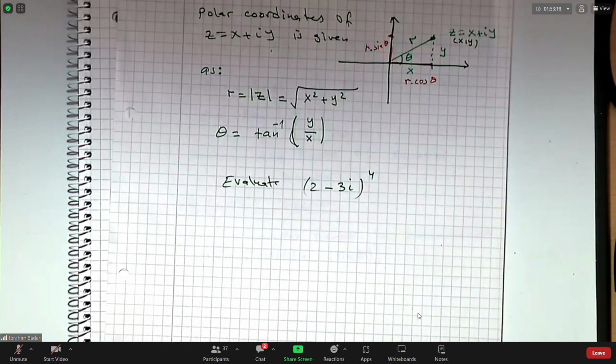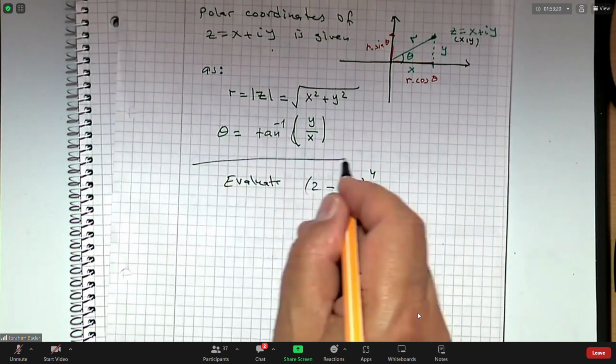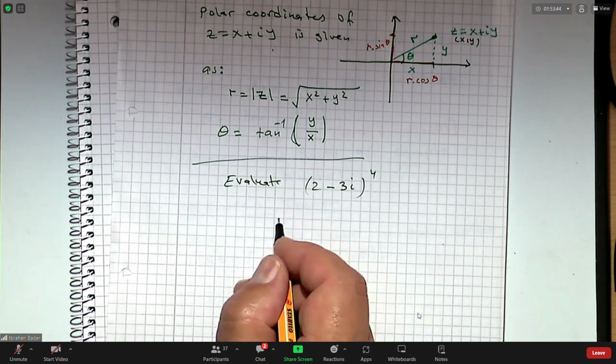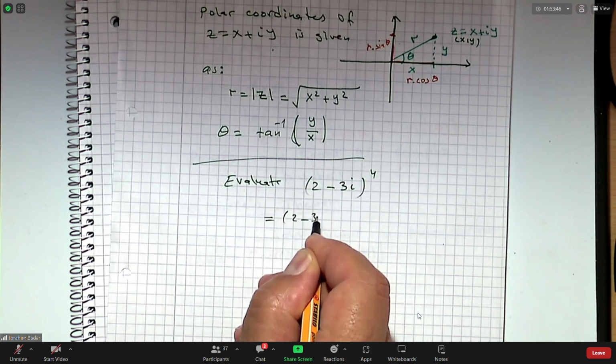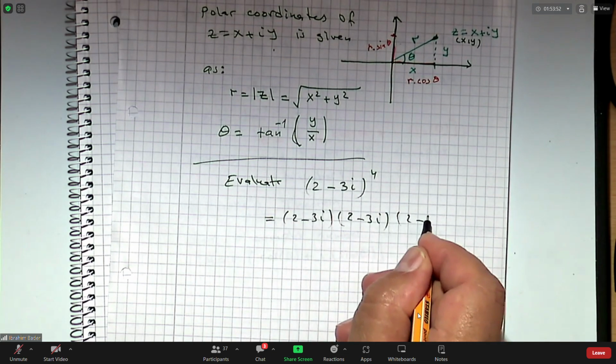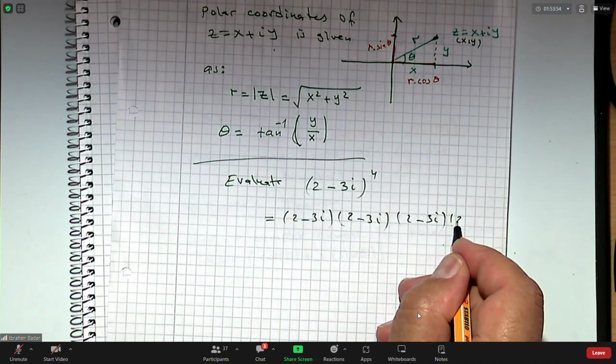If I ask you to evaluate this term, what would you do with the tools we have so far? Imagine you have a quiz and you want to evaluate this. What would you do? This is 2 minus 3i times 2 minus 3i, times 2 minus 3i.